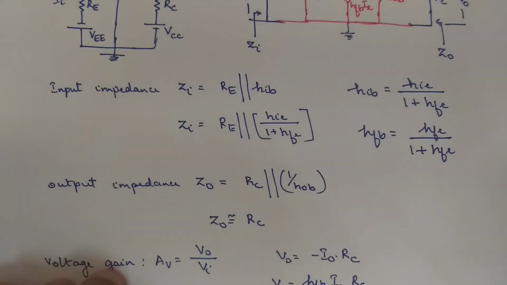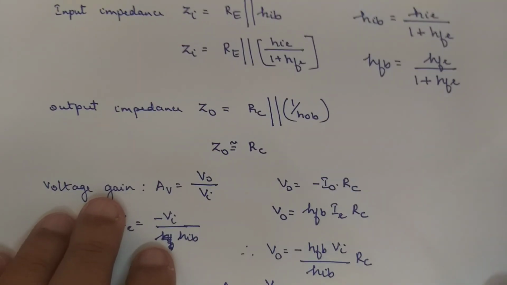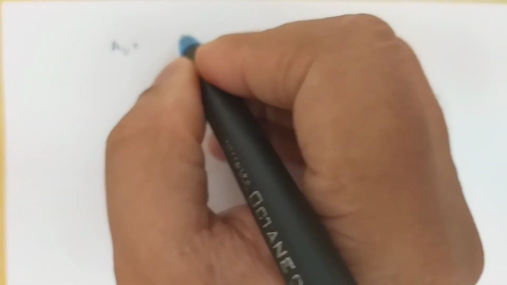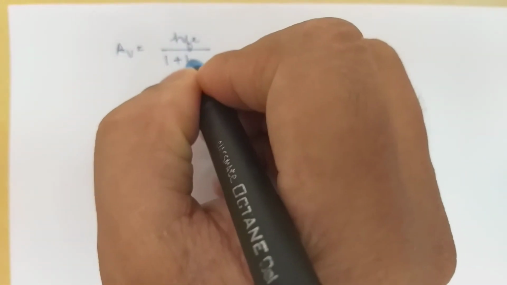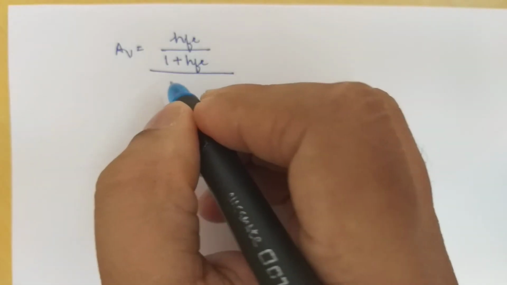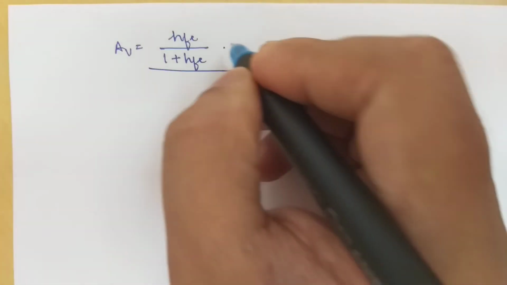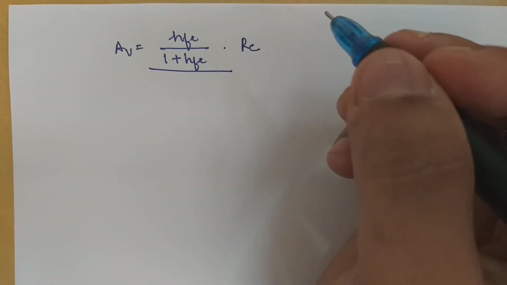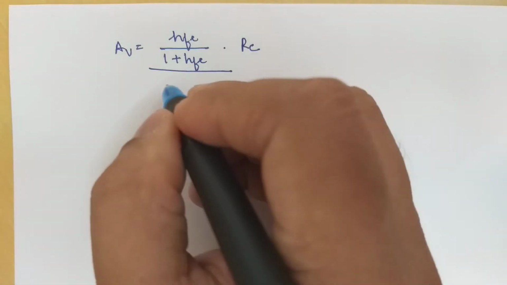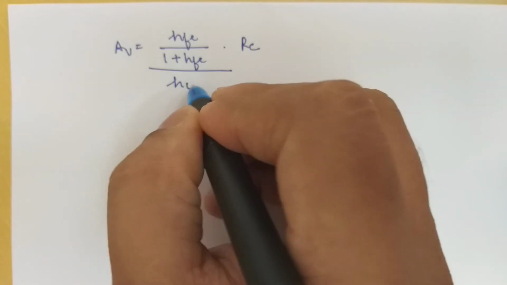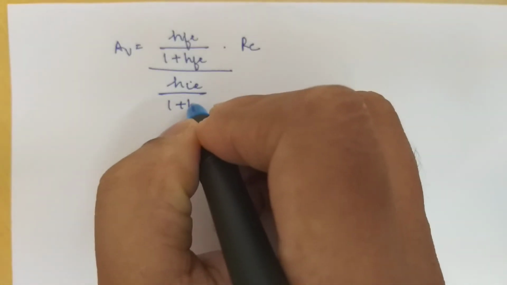This point has to be noted. Just substituting back in this expression, we get the voltage gain AV is equal to HFE divided by 1 plus HFE, into RC, divided by HIE divided by 1 plus HFE.